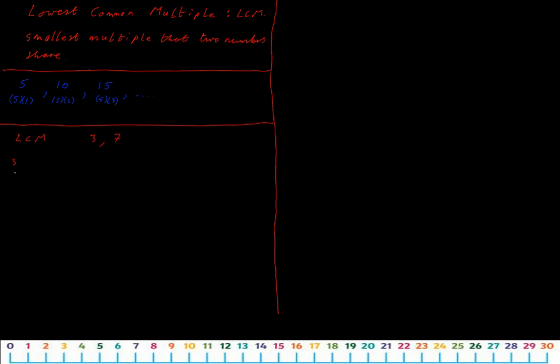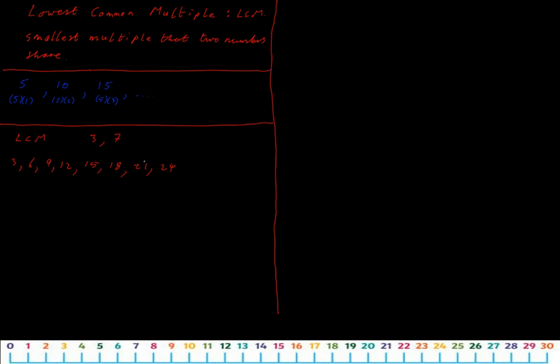We're going to write out our times tables. So the multiples of 3: 3 by 1 is 3, 3 by 2 is 6, 3 by 3 is 9, 3 by 4 is 12, 3 by 5 is 15, 3 by 6 is 18, 3 by 7 is 21, 3 by 8 is 24.